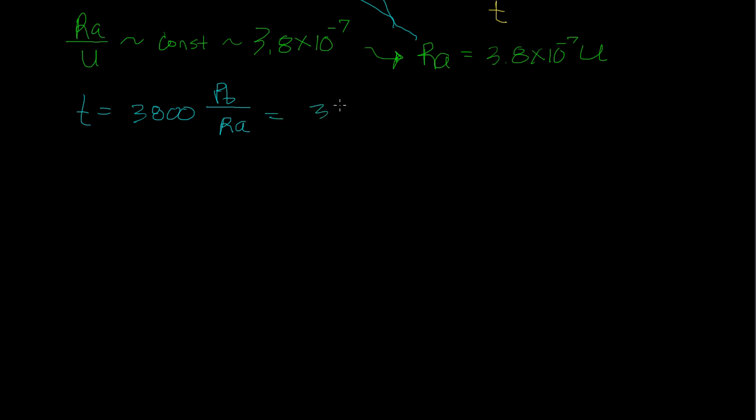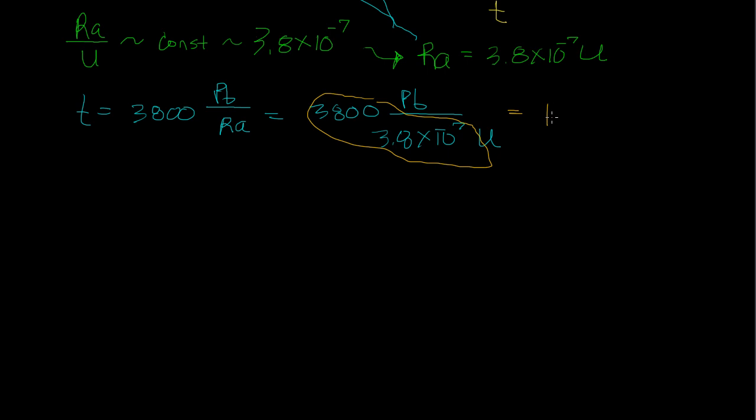T equals 3,800 times the concentration of lead divided by 3.8 times 10 to the minus 7th times the concentration of uranium, because that is what the concentration of radium is equal to. And then I just need to carry out that division to get a single constant, and that can be shown to be essentially 1 times 10 to the 10th, or 10 billion, times the ratio of lead to uranium.